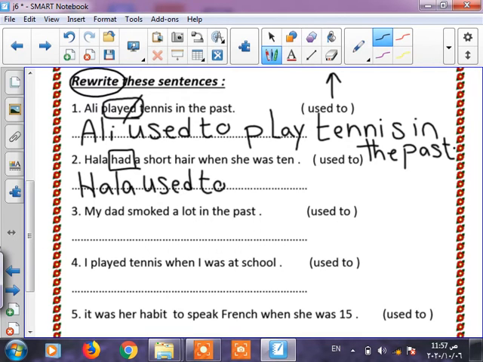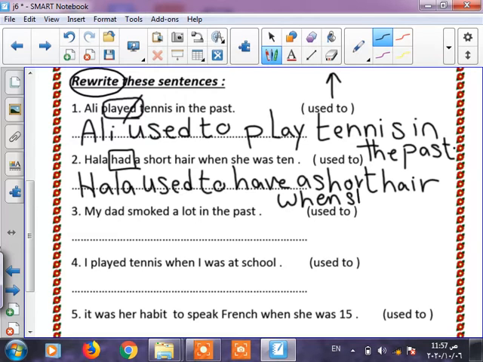Look at example number 5. It was her habit to speak French when she was 15. We said before, we use the word used to talk about a habit which happened in the past and it's not true now. So, it was her habit to do what? To speak French.